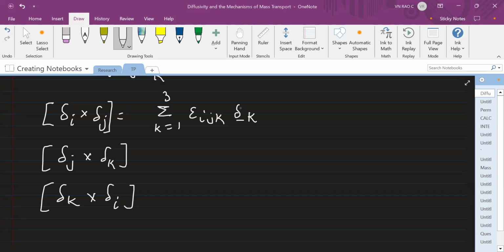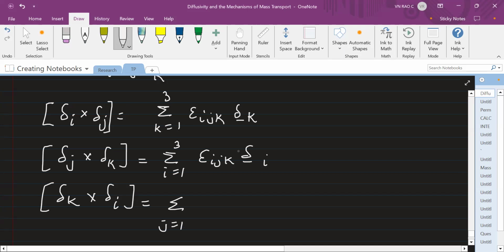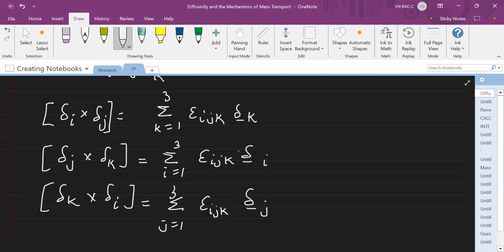This is how we can write. Similarly, sigma i equal to 1 to 3 epsilon i j k delta i, and sigma j equal to 1 to 3 epsilon i j k delta j.